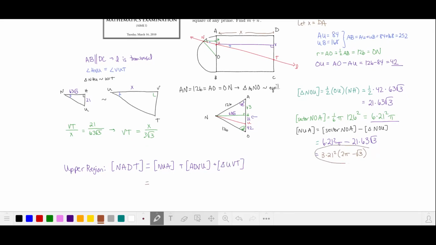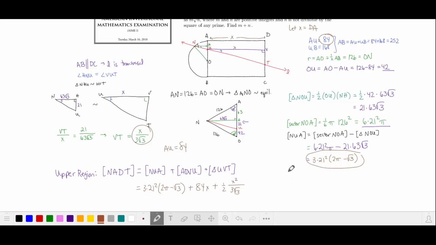The height of this rectangle, ADVU, is the distance from A to U, which is 84. So this is 84 times the width, which is x. And then the area of this triangle here is 1/2. The base is VT, so we'll use this, x over 3 root 3. And then the height here is UV, also x, so I'll just put x squared here in the numerator.